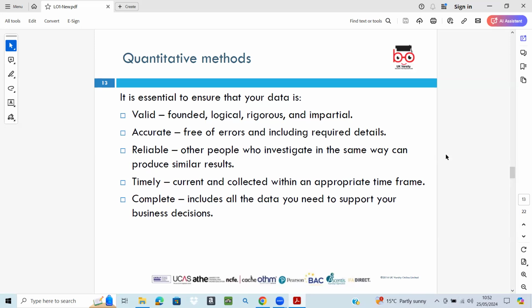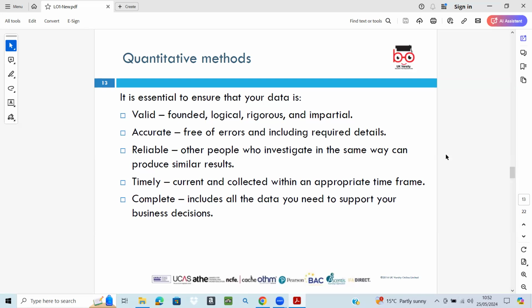Then we have accurate. Accuracy in data refers to freedom from errors and ensuring that all necessary details are included. Then we have reliable. Reliability indicates the consistency and dependability of data. If other researchers use the same method, they should produce similar results. Then we have timely.